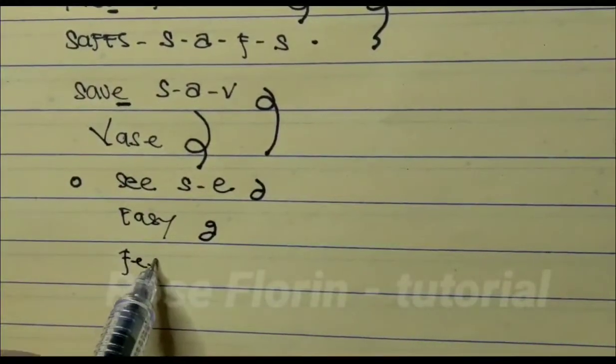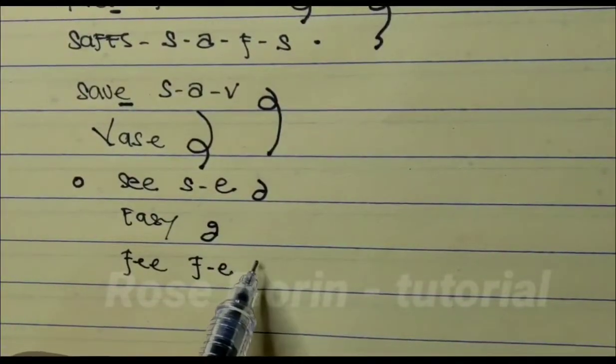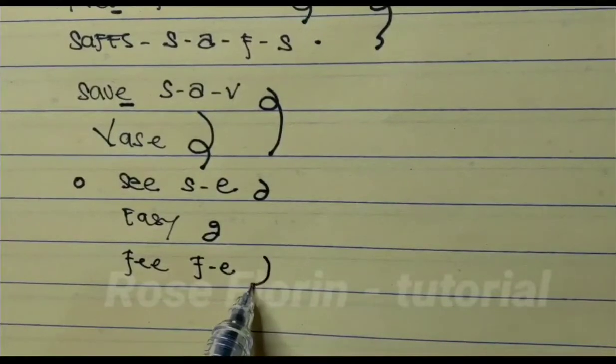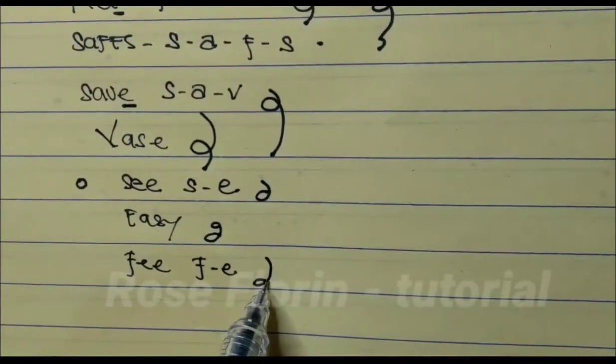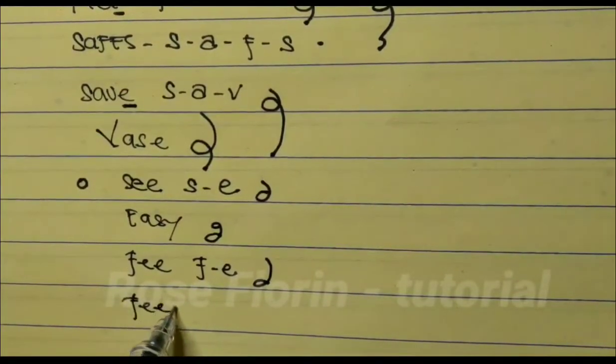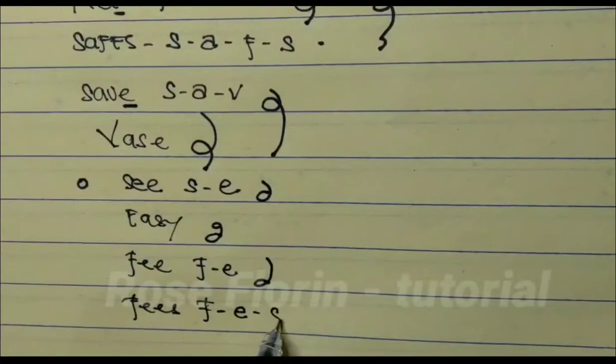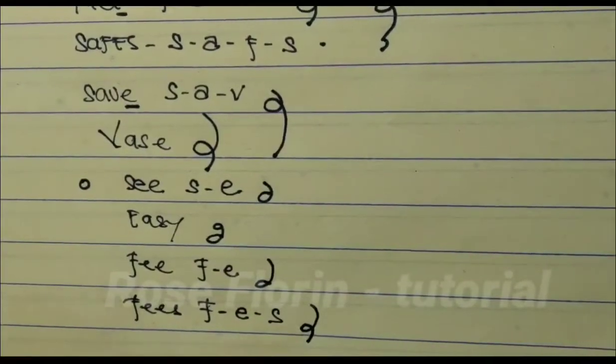Fee, F-E. So letter F and then letter E. Fees, F-E-S. So letter F, letter E, letter S.